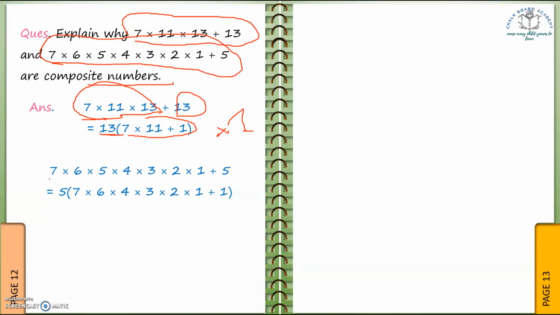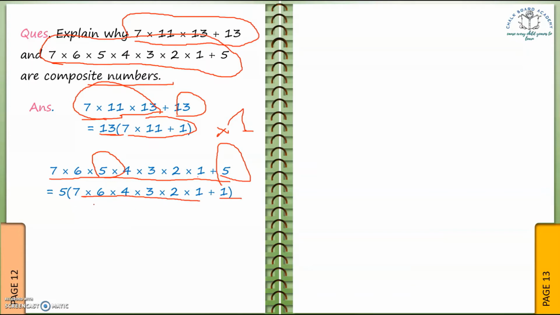Similarly, in this part as well, we see that the first term, that is 7 multiplied by 6 multiplied by 5 multiplied by 4 multiplied by 3 multiplied by 2 multiplied by 1, has 5, and the other term, that is only 5, both the two terms have 5 in common. So we have just taken it common, and the rest of the things are multiplied as such, added by 1.